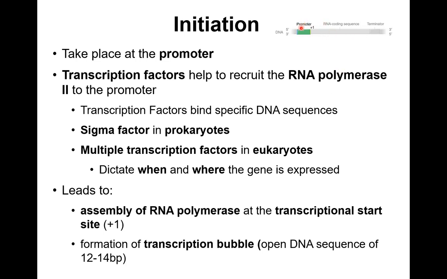So this process of initiation leads to the assembly of the RNA polymerase at the transcriptional start site and, a second important thing to remember, allows for the opening of the 2 strands of DNA so that the RNA polymerase can have access to the template that it has to copy.